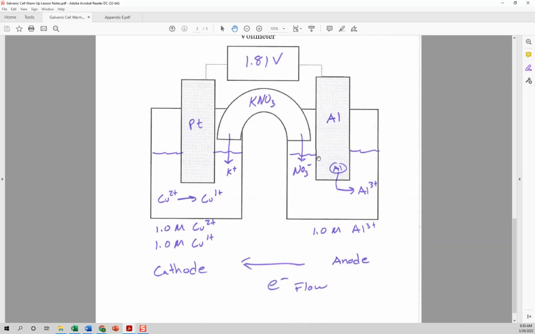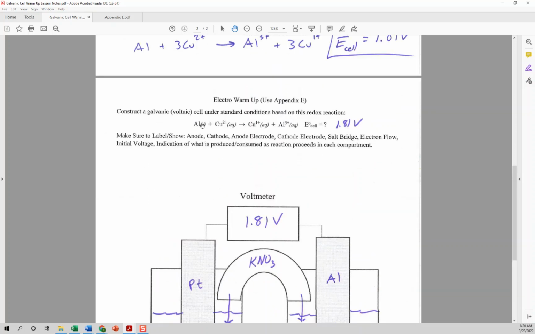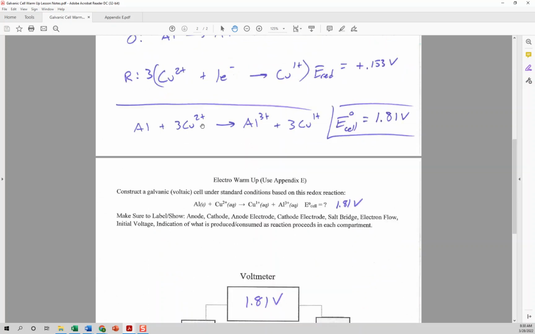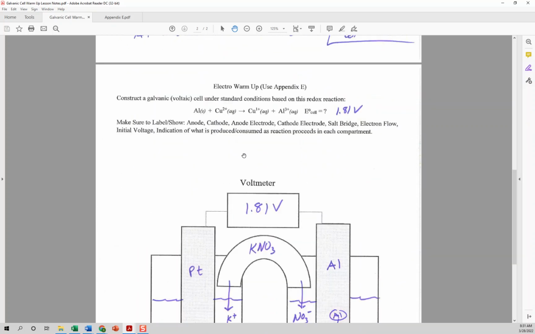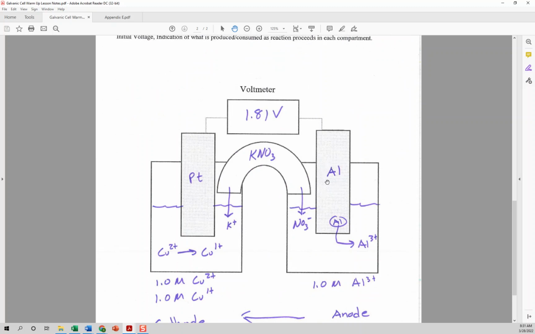So if we go back to our reaction, aluminum is oxidized, okay? Because we have solid aluminum in our reaction, and that's a part of the oxidation half reaction, solid aluminum, that's what we're gonna make our anode electrode. So our anode electrode is gonna be solid aluminum, okay?